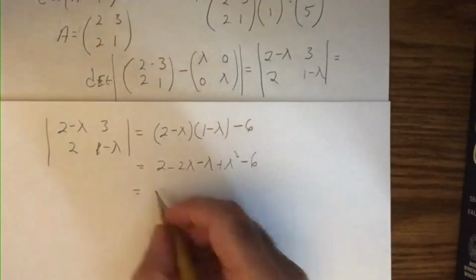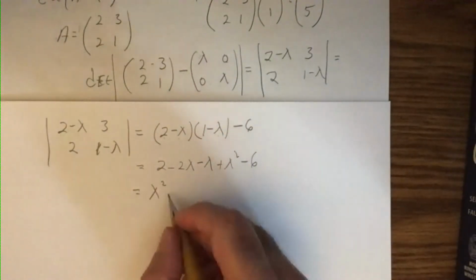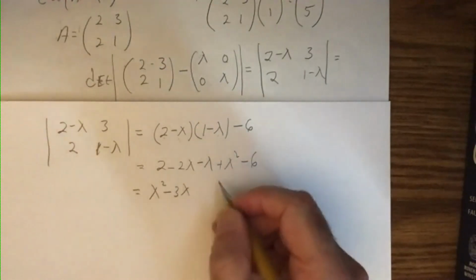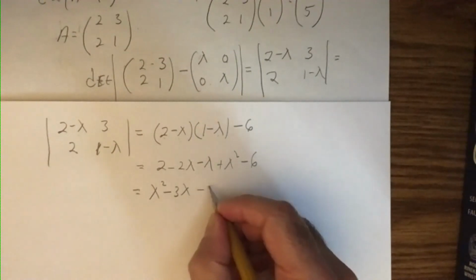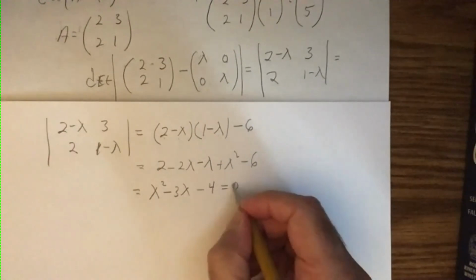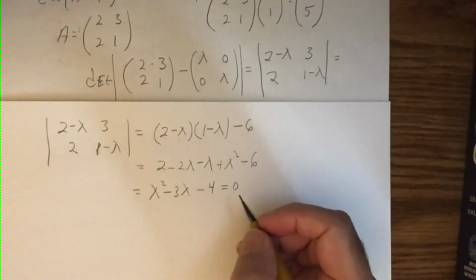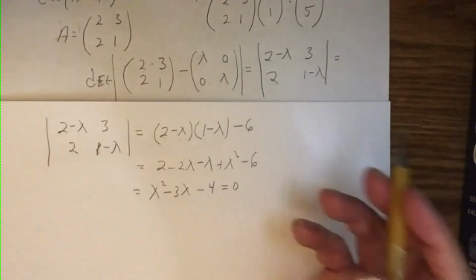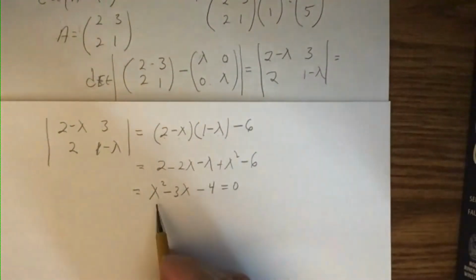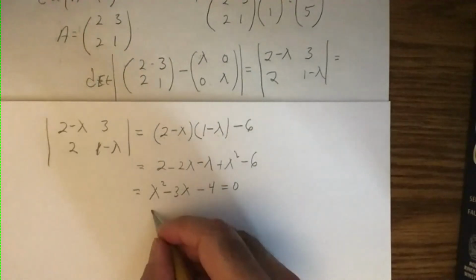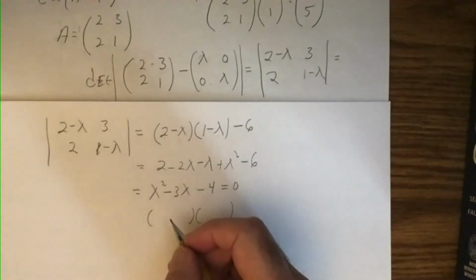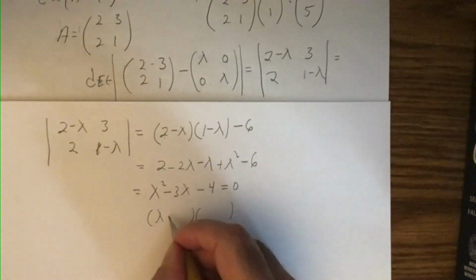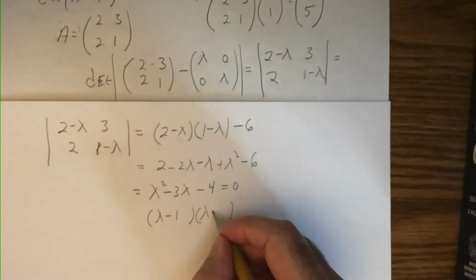So I'm getting lambda squared minus 3 lambda minus 4 equal to 0. Did I do that right? Okay. Now I could factor this into lambda minus 1 and lambda plus 4.